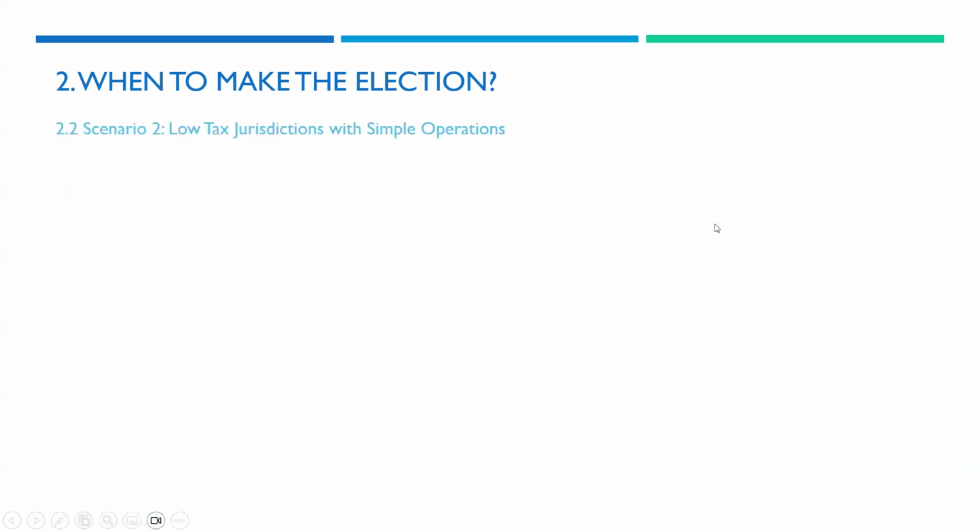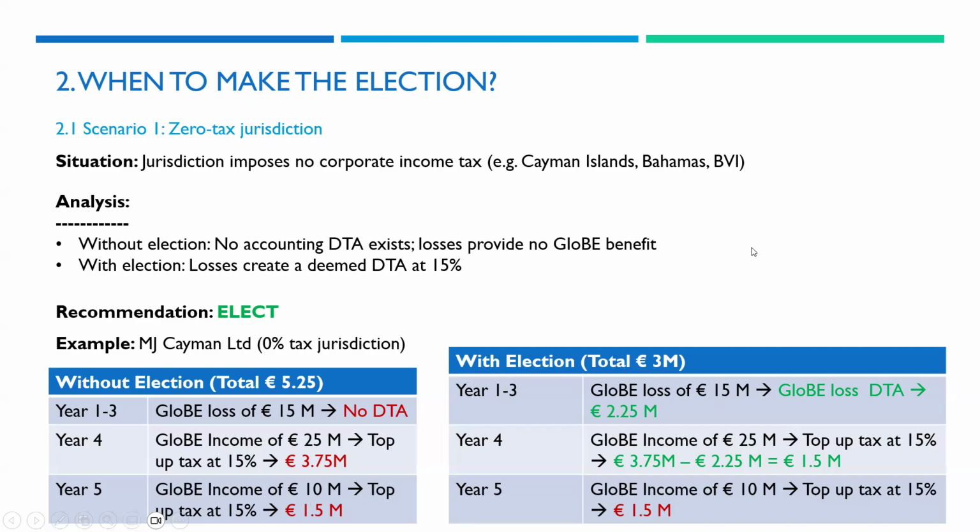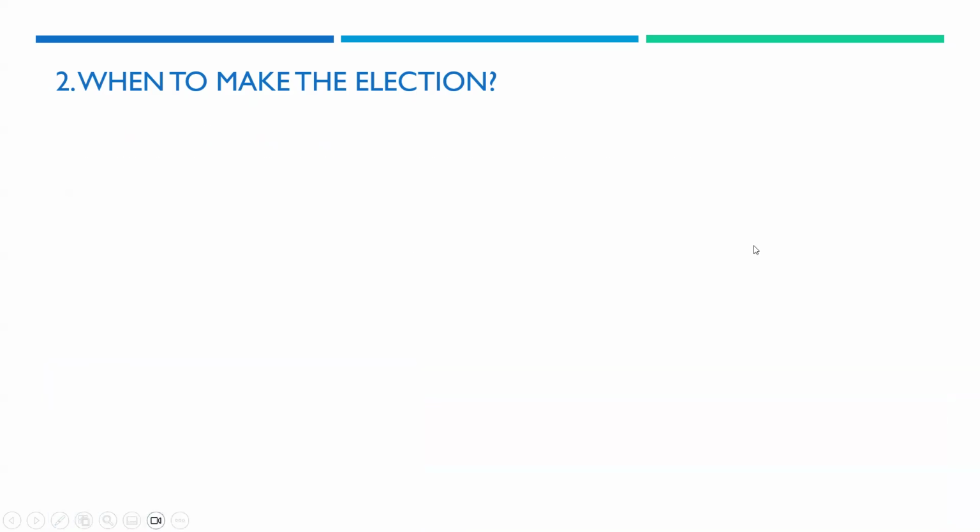Let's discuss the low tax jurisdiction with simple operations. If it's a low tax jurisdiction, the problem is, my friends, you can take this GloBE loss DTA, but all the other deferred taxes would be lost. All your DTLs, all those which will increase your covered taxes, would be lost forever if you take this election.